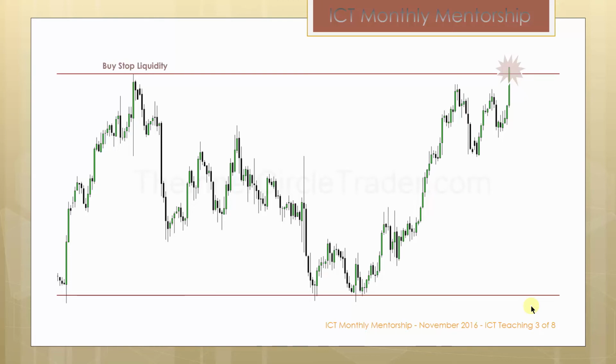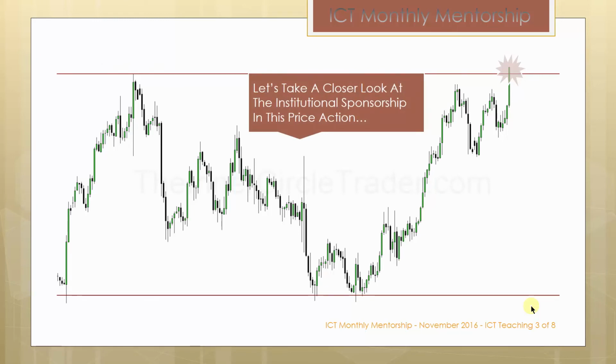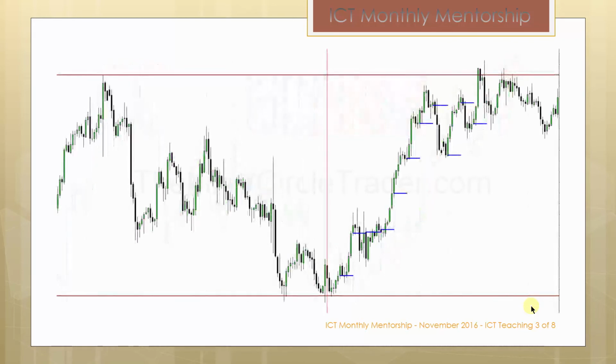So let's take a closer look at why this was such an easy expectation and how institutional sponsorship could aid you in your price action study. When you see buy stop liquidity as your targets, what things should we see in price action to help support these ideas? We're going to take a look at this in the form of a lower time frame chart, and again, outlining why the buy stop liquidity was run out.